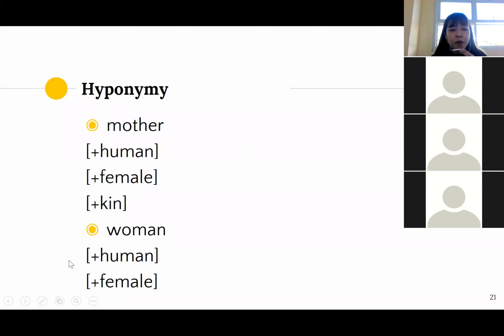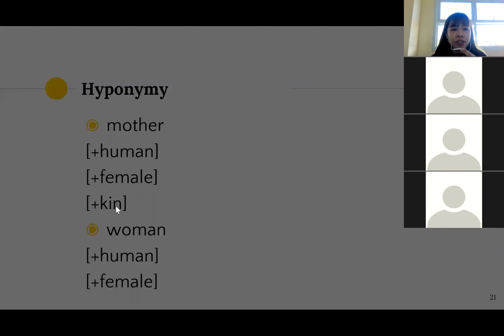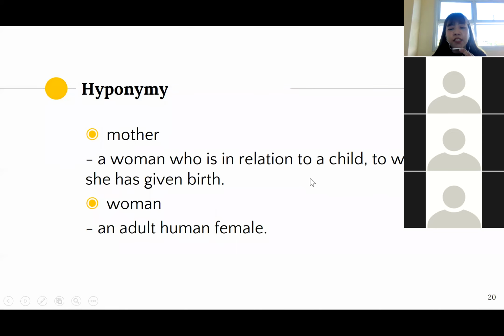Because when we define mother, it is a woman who is in relation to a child to whom she has given birth, whereas woman is an adult human female. When we define woman, we don't usually say that all women are mothers, right? Although both are adult, mother is more specific.